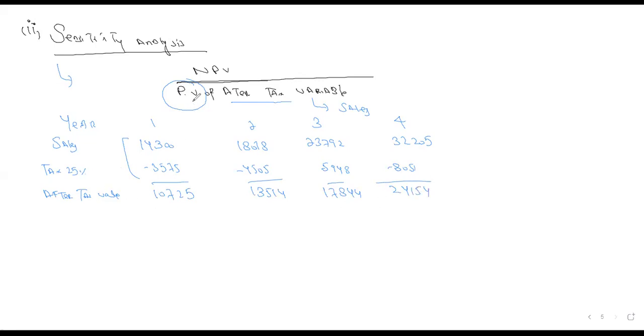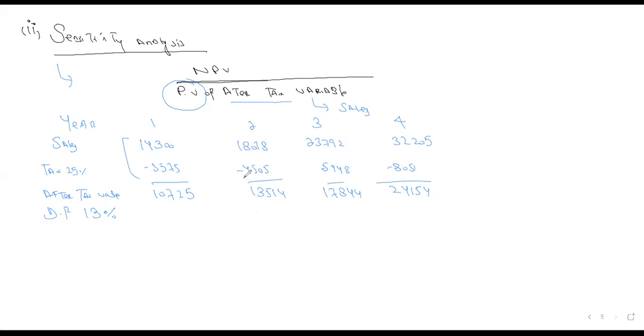Now as we have to take the present value, our discount factor we have already computed as 13%. Apply the discount factor on the spreadsheet and tell me what is the present value coming.